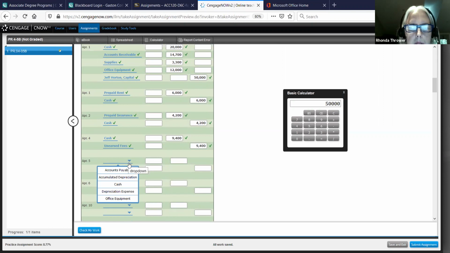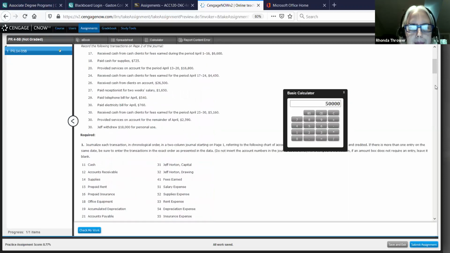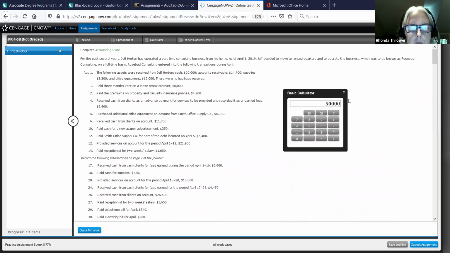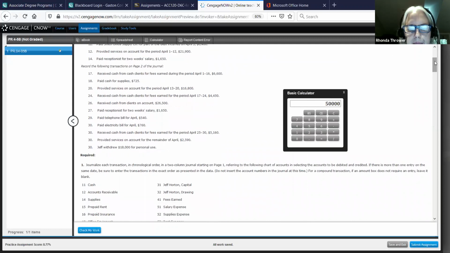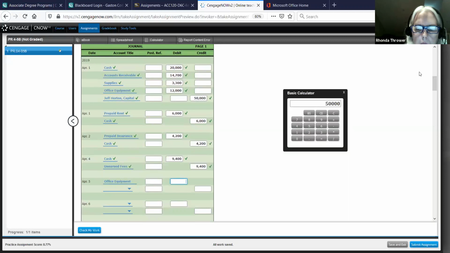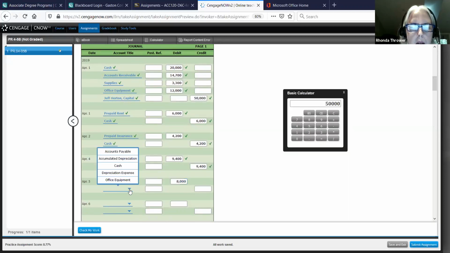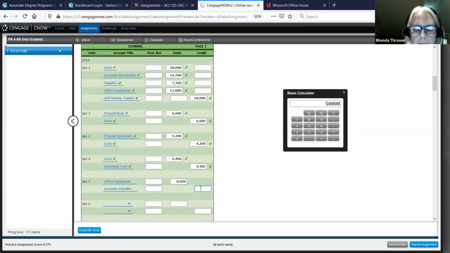So we're going to debit our office equipment account by the amount that we have purchased, and we purchased $8,000 worth of equipment. In this transaction, it said that we bought it on account, so our liabilities, accounts payable, will be increasing. To increase a liability, we would credit.